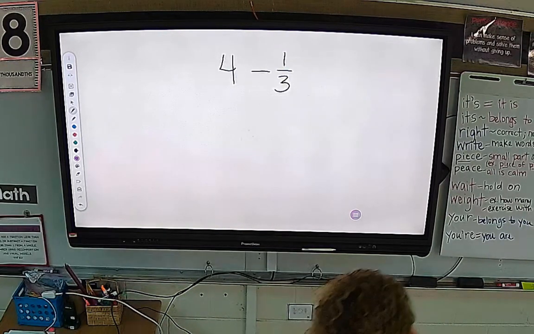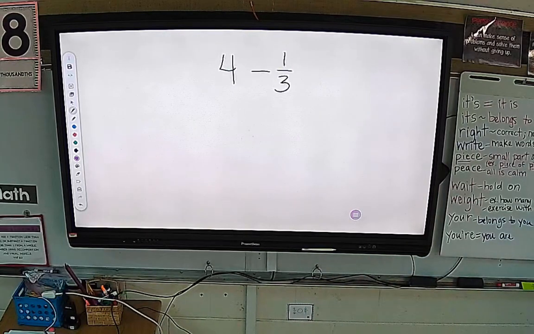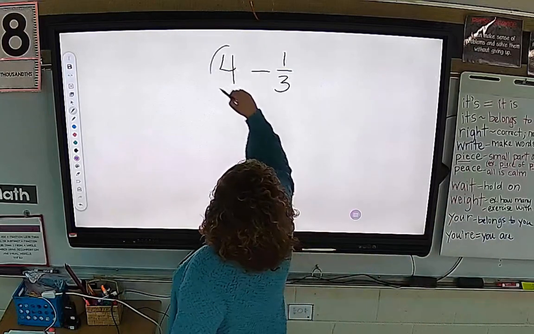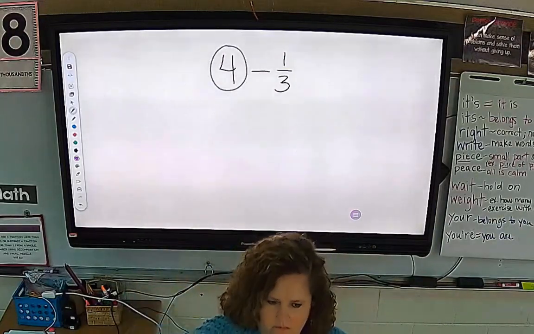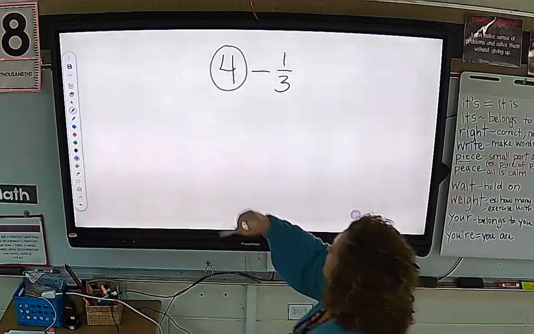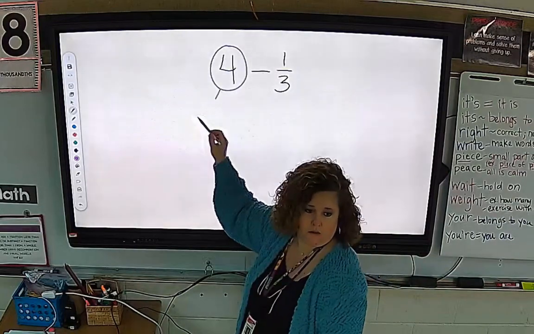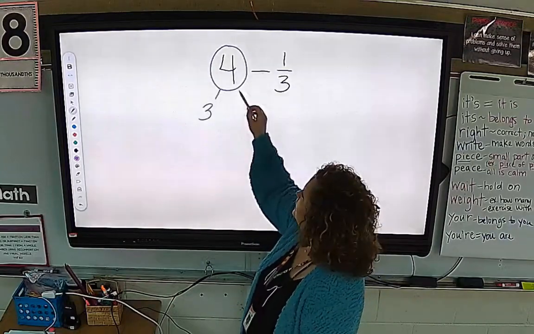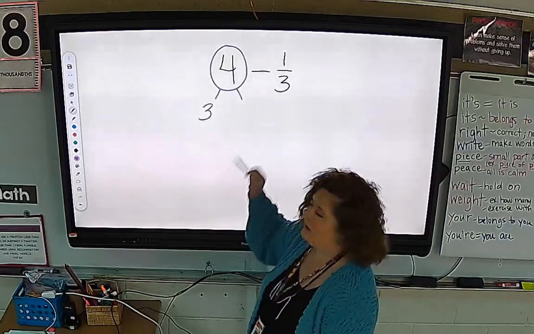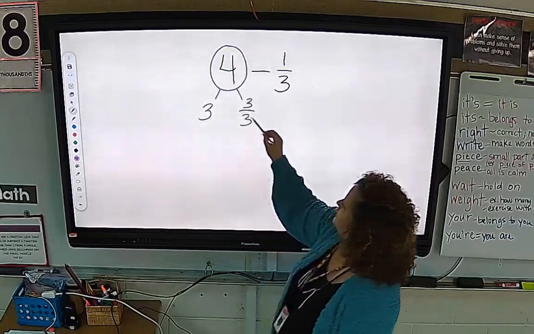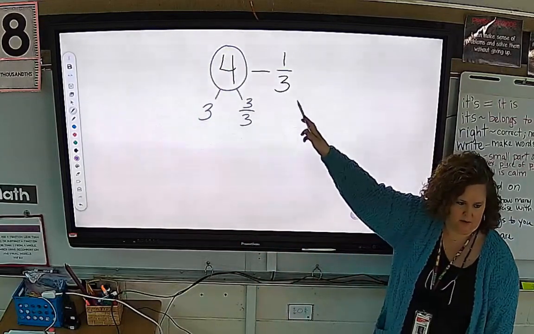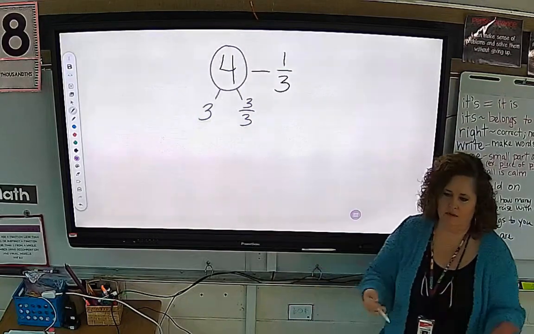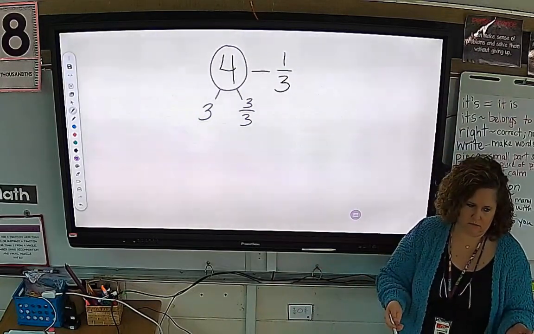All right, I'm seeing some really good things on your boards. Even if I didn't see your final answer, I'm seeing the correct steps getting you there. So, what is 4 going to be renamed as? Yeah, go ahead. You got it. 3 and 3/3. And we know that it has to be thirds because of that denominator right there. Okay? Now, what do I do with that, Reagan?